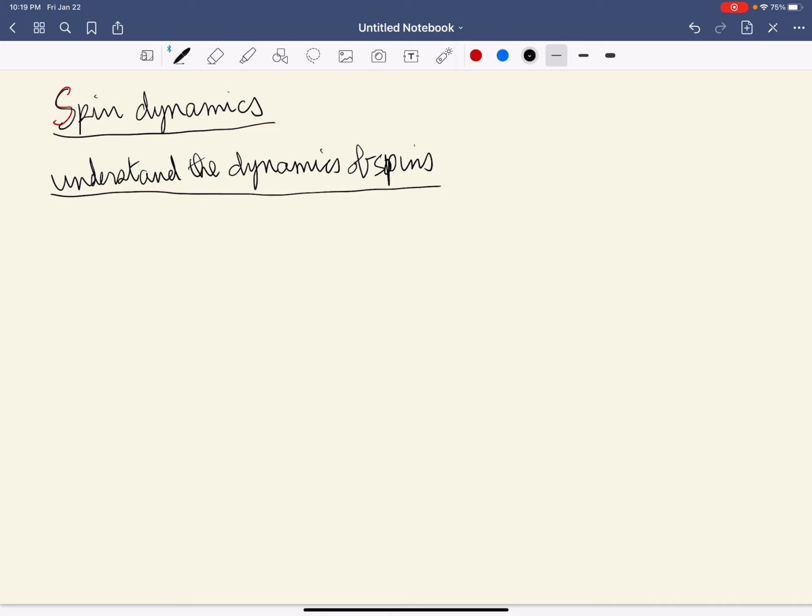However, with the advent of quantum information, eventually we will try to go beyond that and use our understanding of the spin dynamics in order to have some control over the spin dynamics.